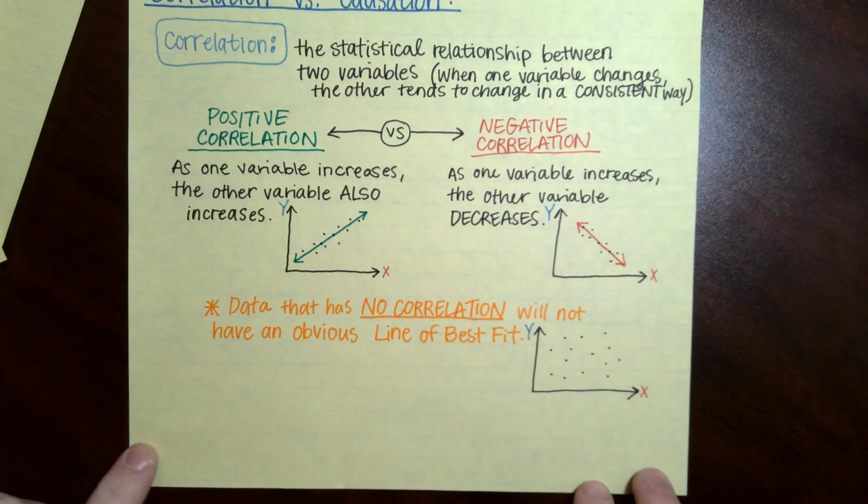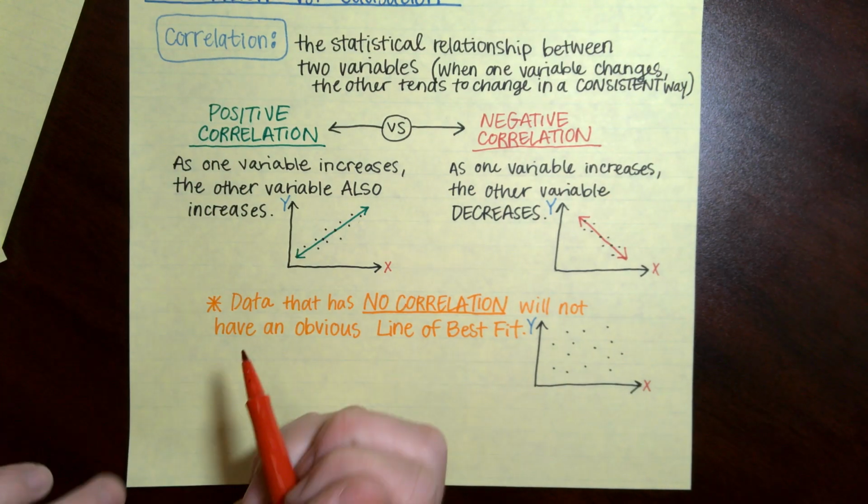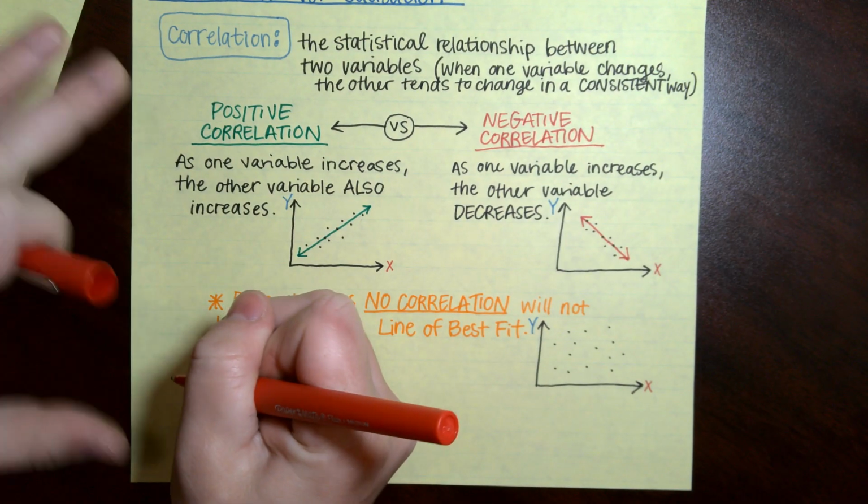So causation is not something that we can necessarily show visually. It's more of a reasoning. It's an idea, or something that we have to kind of conceptualize. So under this, I'm going to write it in red because it's important.